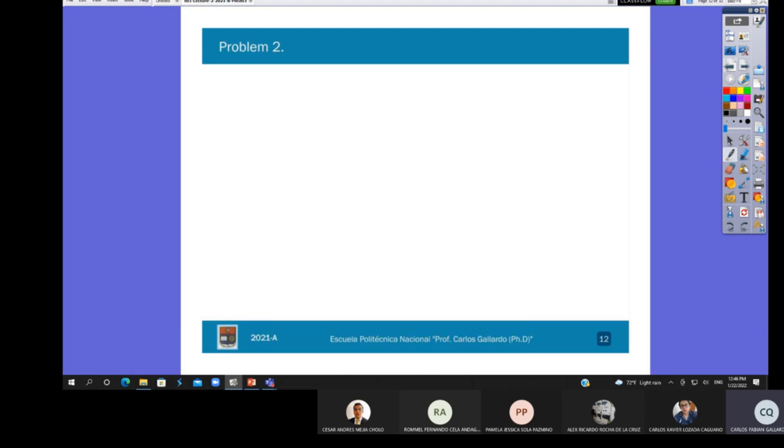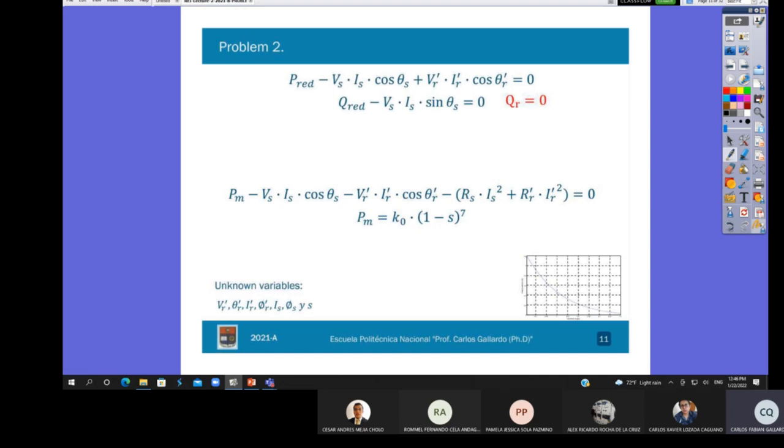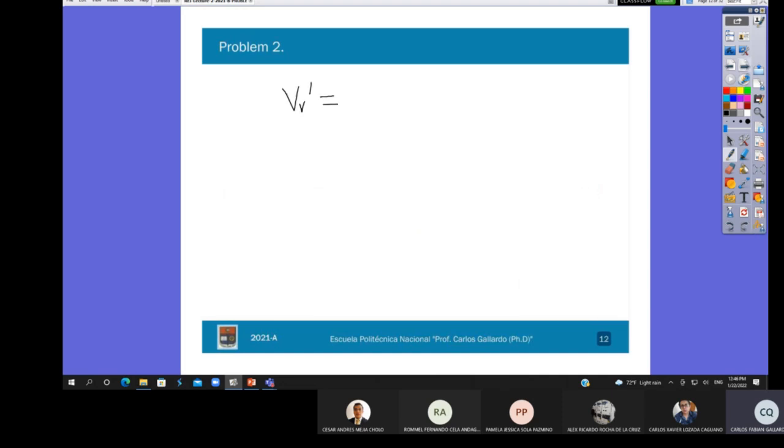So I will have the rotor voltage. The rotor voltage is equal to 0.127856 per unit. What is the angle?